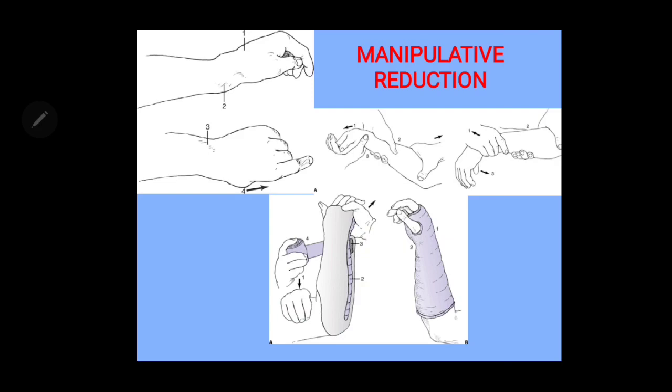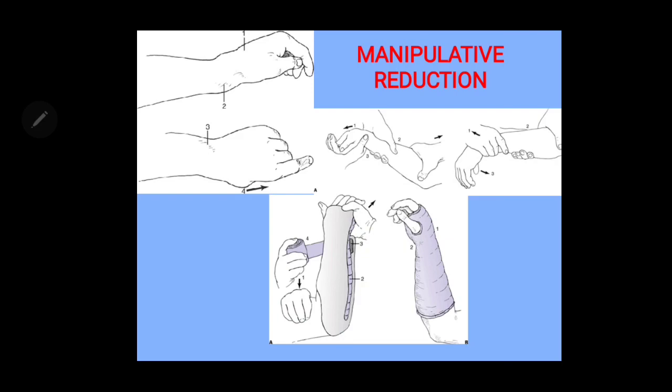As I told already, there are 3 main steps that you should do. The first step is just traction. You apply traction along the axis of the fracture. You need an assistant for this. You are pulling on the hand, on the four fingers, and your assistant is pulling on the opposite side, taking the patient's elbow joint.